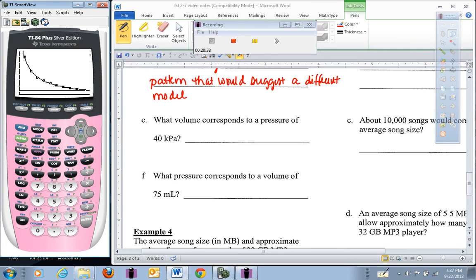Okay, let's see if we can get it to intersect. Okay, it gives me this error message called no sign change error. What that's really telling me is within the window that I have, I don't have any sign change. In other words, I don't have any way to get it to intersect.